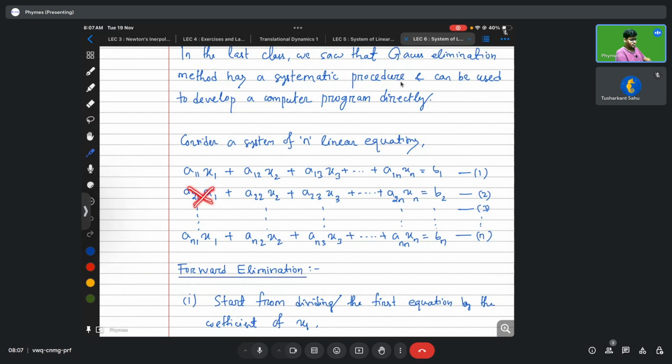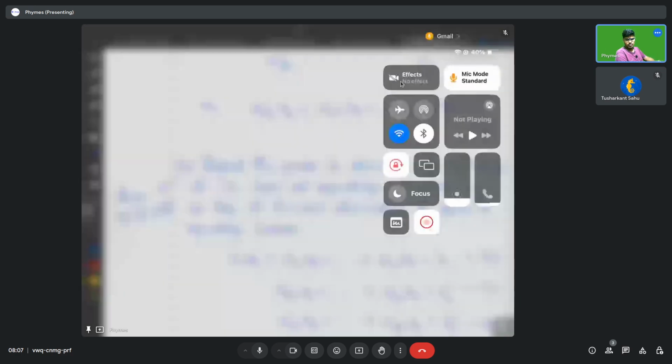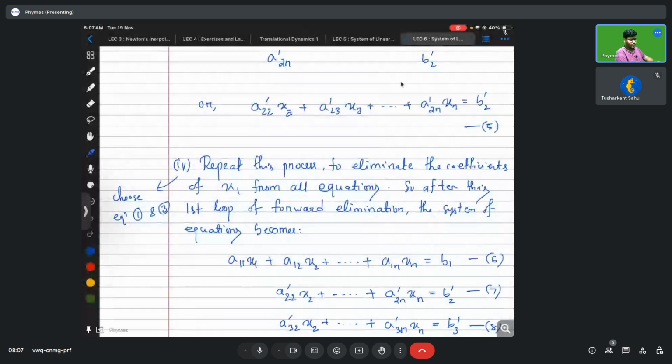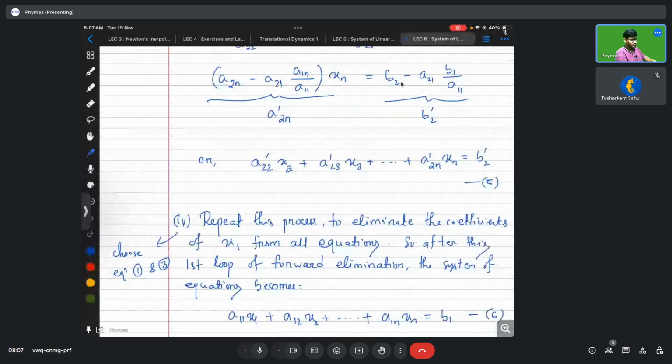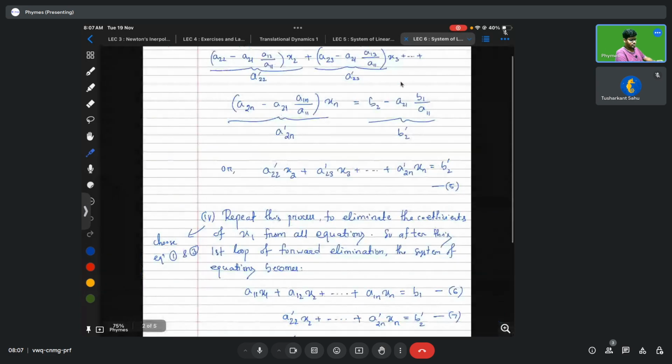So here you can see that if you carry out that process, then the term a21 x1 will be eliminated, and all the other terms are there, but that a21 x1 term will be eliminated from the second equation here.